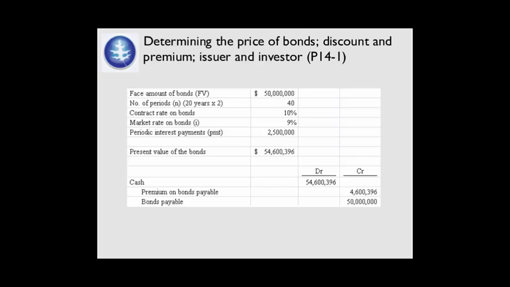So the cash proceeds would be the $54,600,396. The bonds payable would be written on the books with a credit to bonds payable at the $50 million contract amount, and the difference would show up as a premium on bonds payable with a credit of $4,600,396.